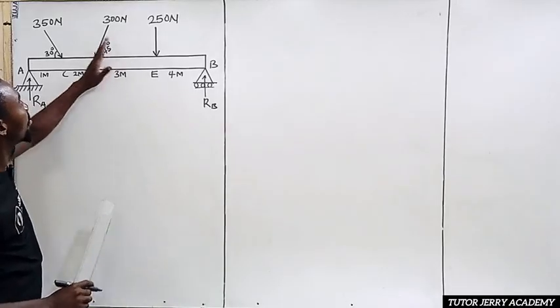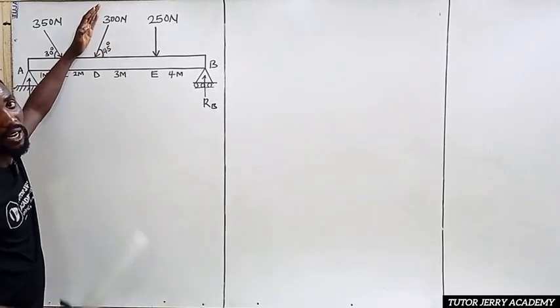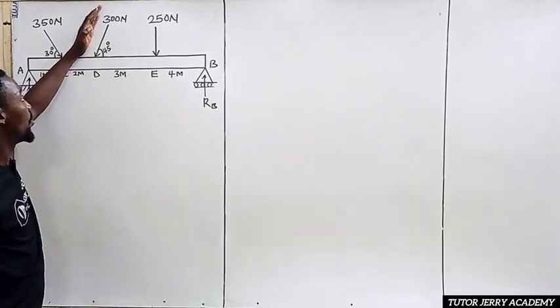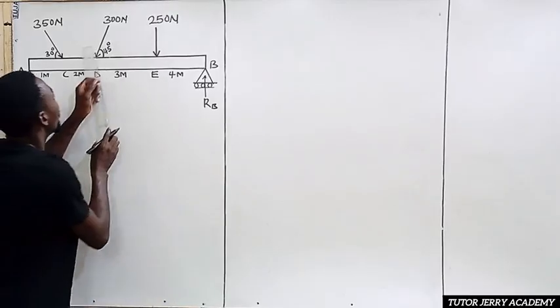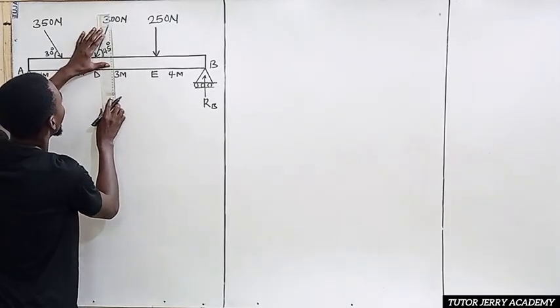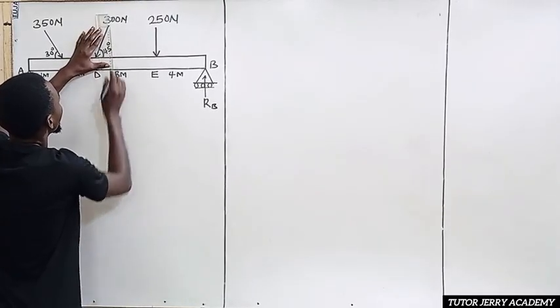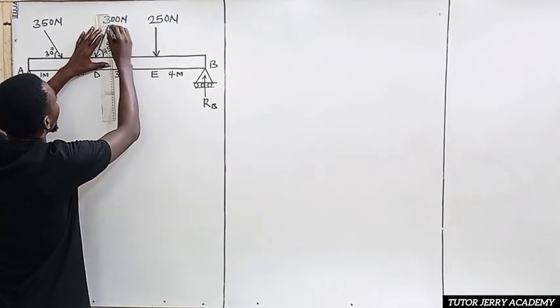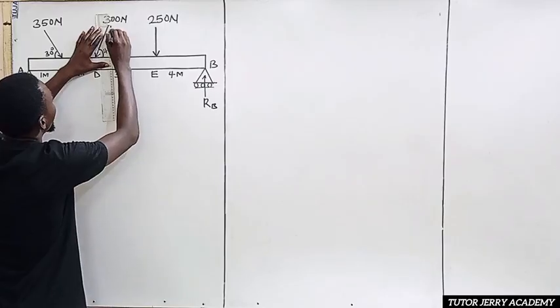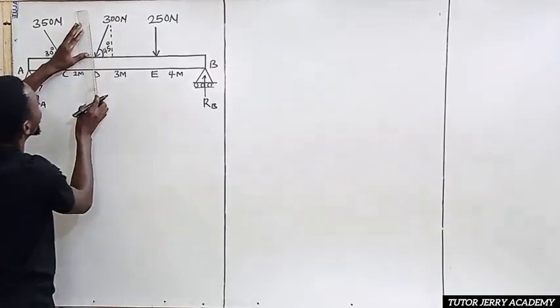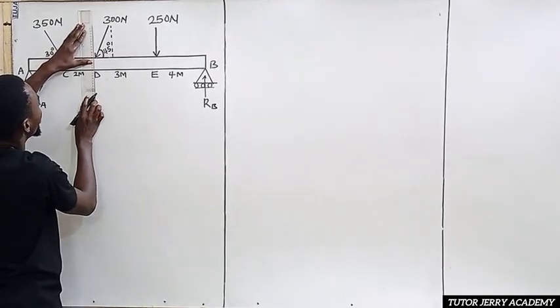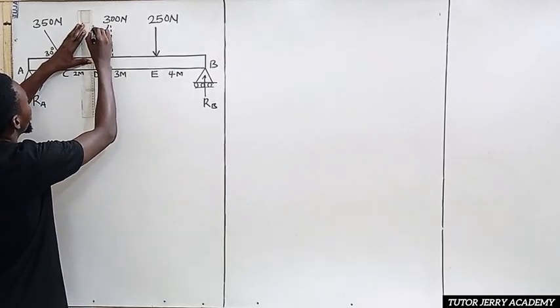Now, the next thing we are going to be doing is resolving this inclined load into X and Y directions. For us to do that, we are going to draw a dotted line down like this to make the work simple for us. So draw another dotted line here.